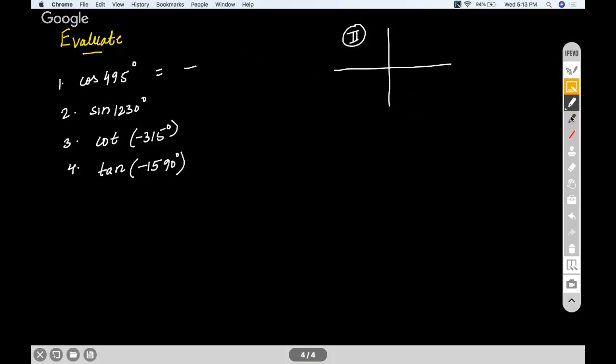Next, 495 could be written as 3 into 180 degrees minus 45 degrees. So its value here is going to be cos 45, that's going to be negative 1 by root 2.